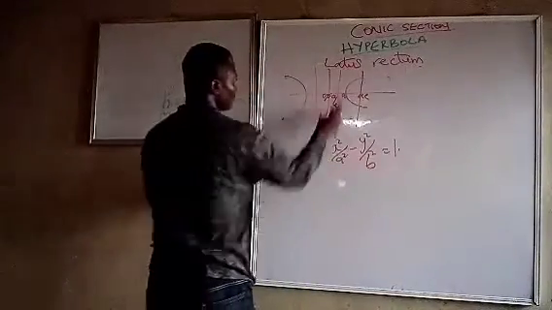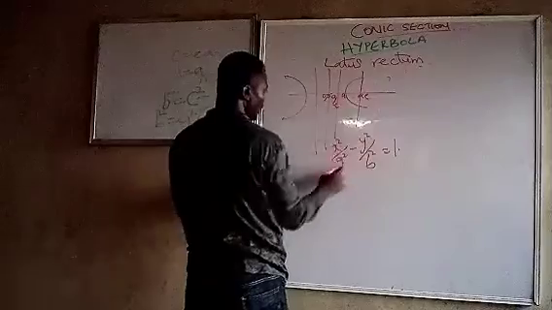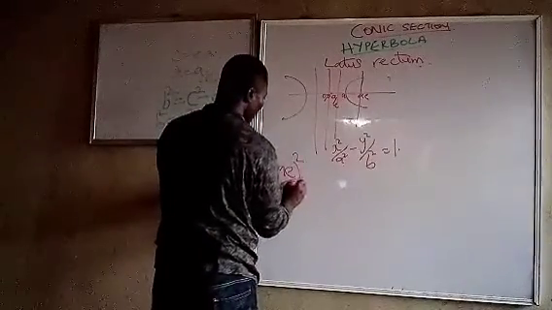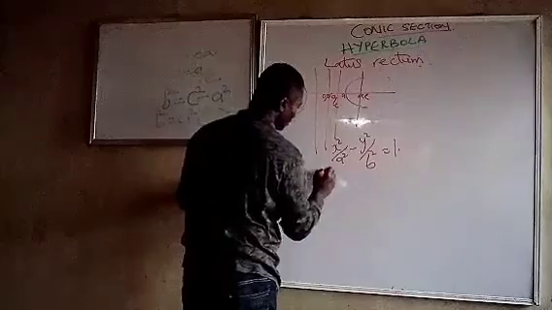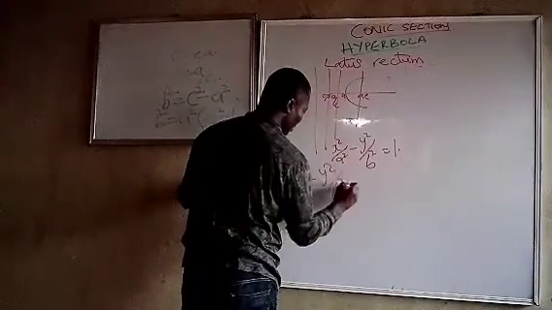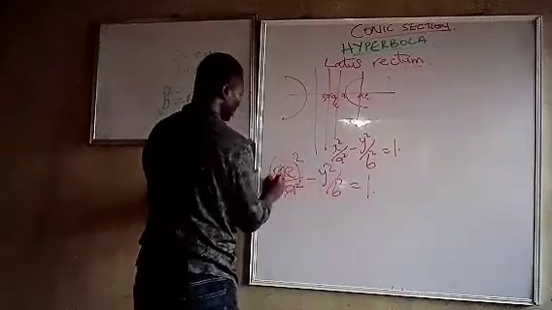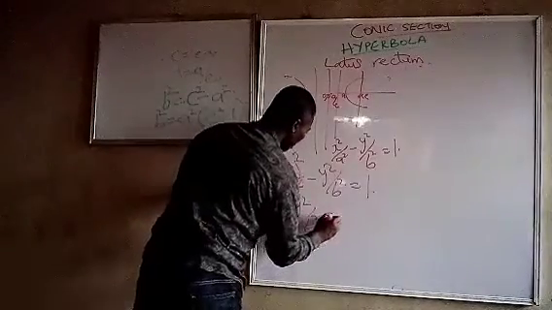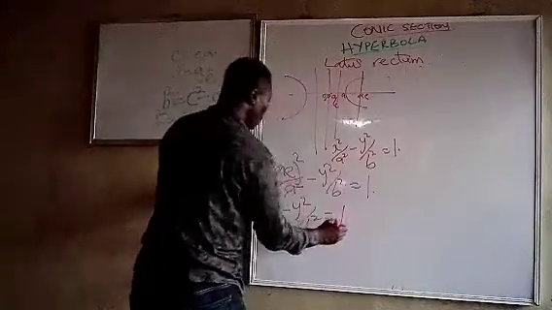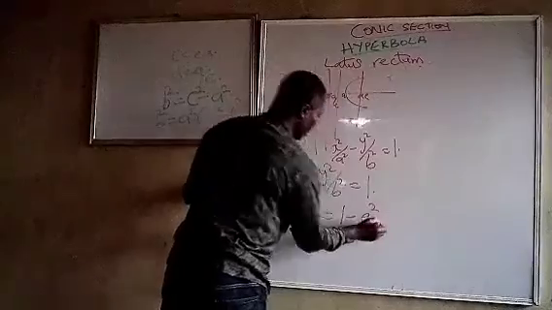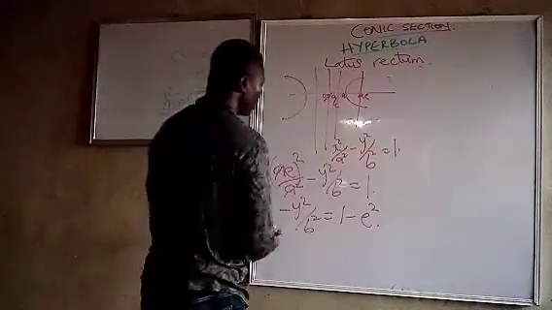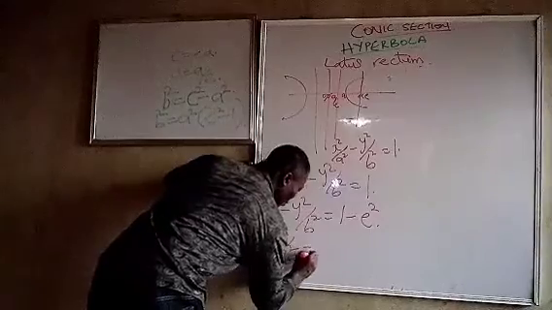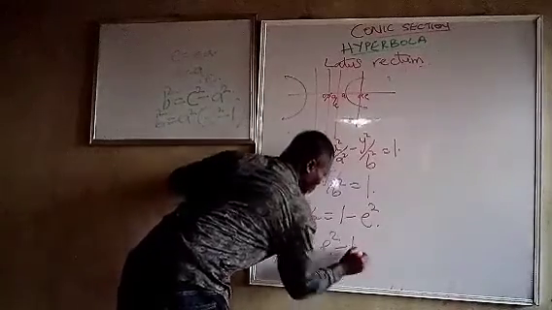Therefore, at this point, we get (ae) squared over a squared minus y squared over b squared is equal to 1. So we cancel this. We can see that minus y squared over b squared is equal to 1 minus e squared. Let's multiply both sides by minus 1. So we are going to have y squared over b squared is equal to e squared minus 1.